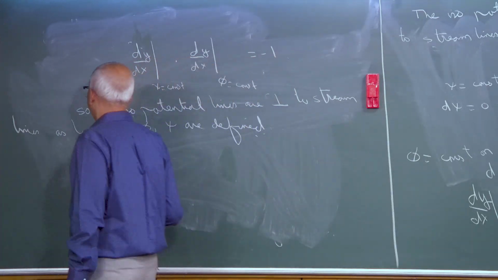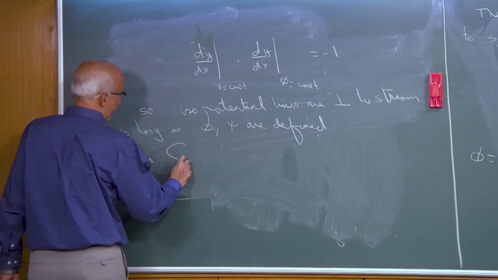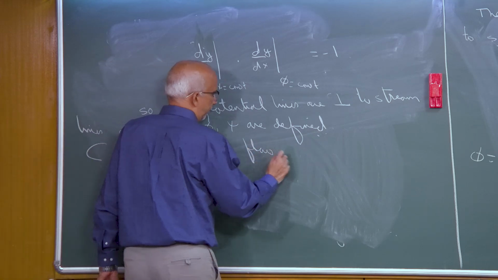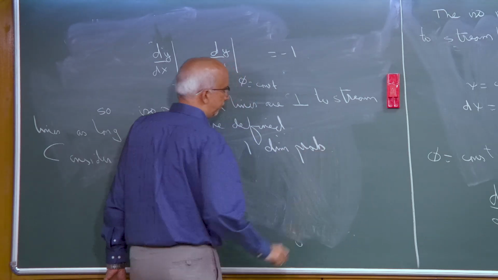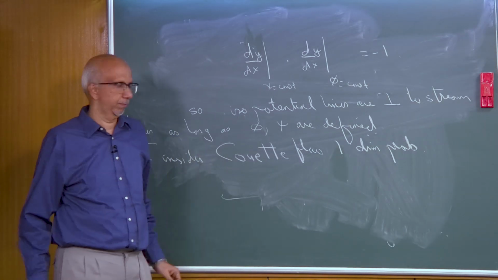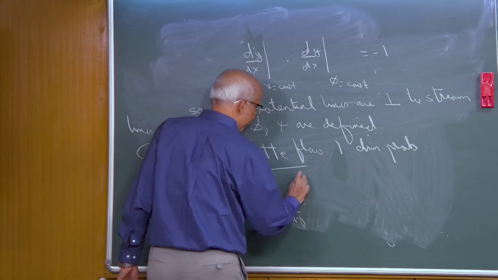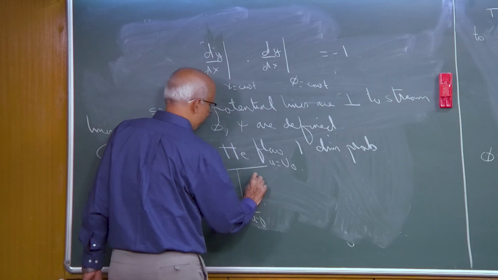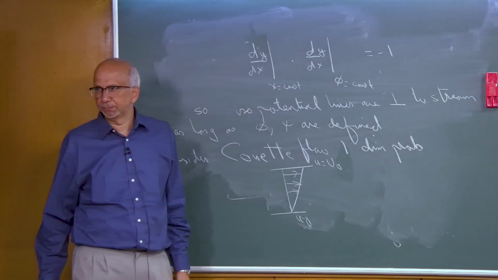Now consider the Couette flow, a one dimensional problem. Okay. This is again a one dimensional problem, u equal to 0 here, u equal to u naught at the top surface, and you have already solved this problem and you get a steady state profile like this.